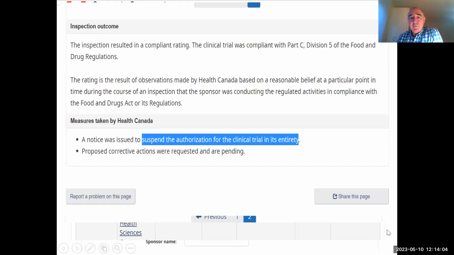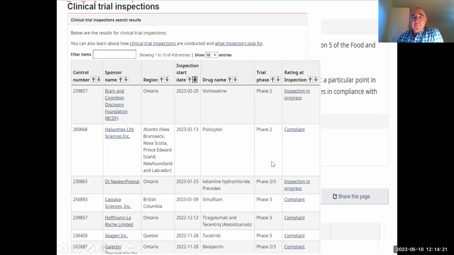And the conclusion of this inspection was that they decided to suspend the authorization for the clinical trial in its entirety and propose corrective actions that are pending. You can see in the right column that for every trial, you'll see the rating, and you can see if they're compliant, the inspection is in progress, they were not non-compliant, whatever. And this is highly valuable.